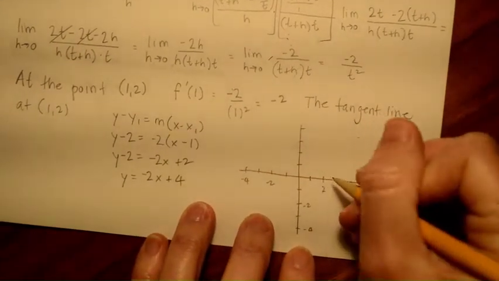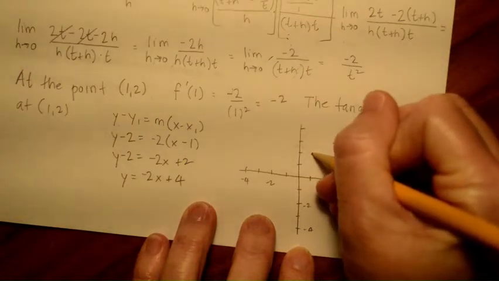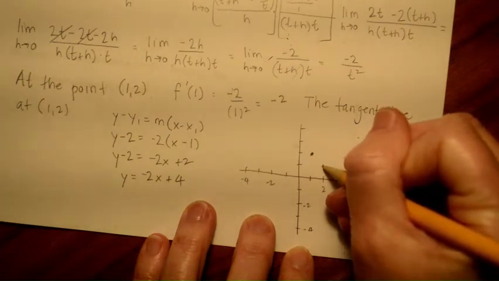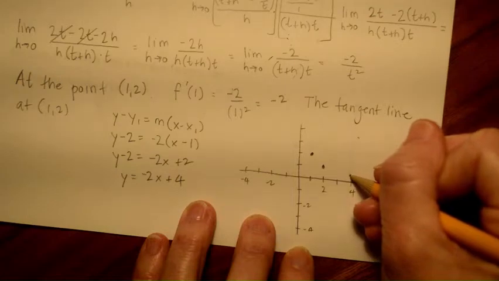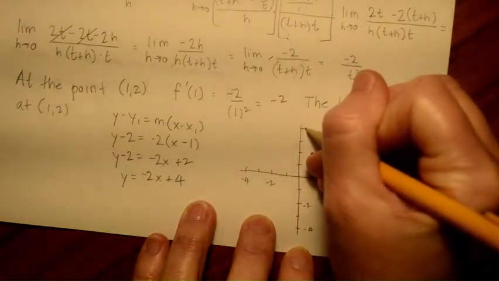So when t is 1, 2 over 1 is 2, when t is 2, 2 over 2 is 1. When we've got 4, 2 over 4 is a half. And if we did a half right here, we would end up at 4.